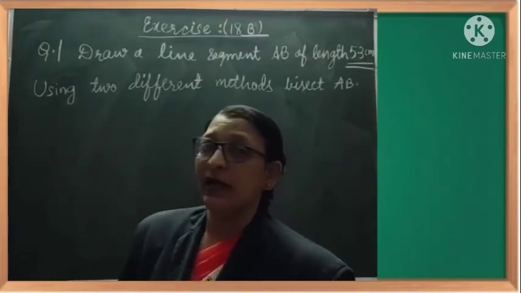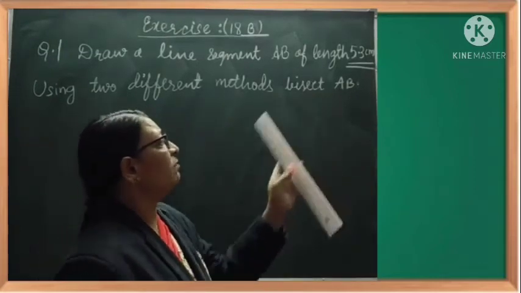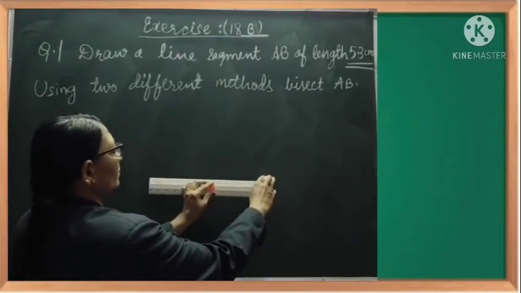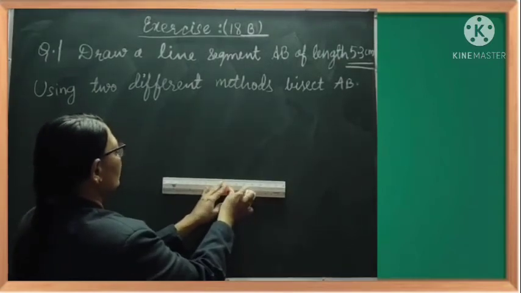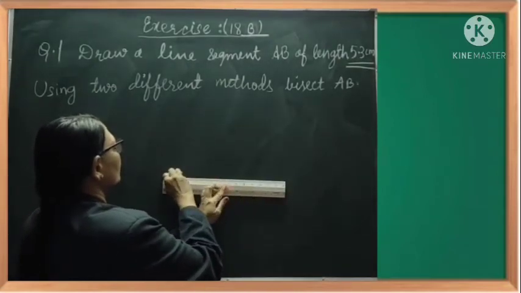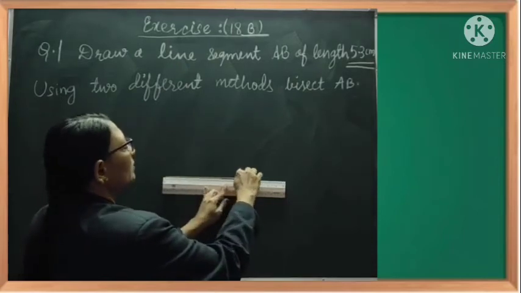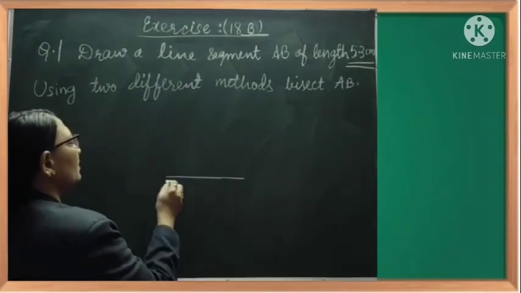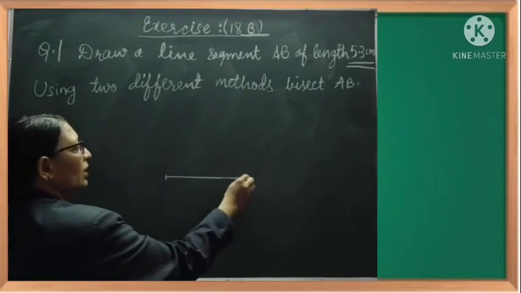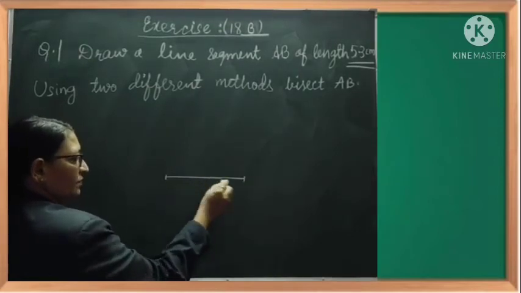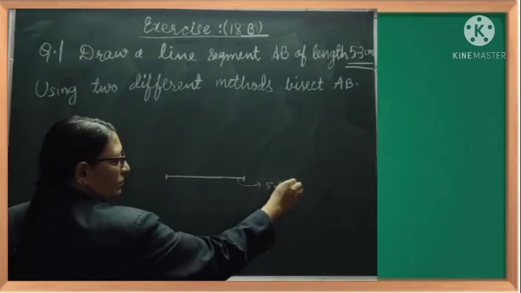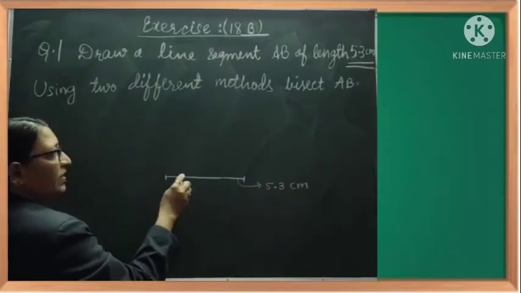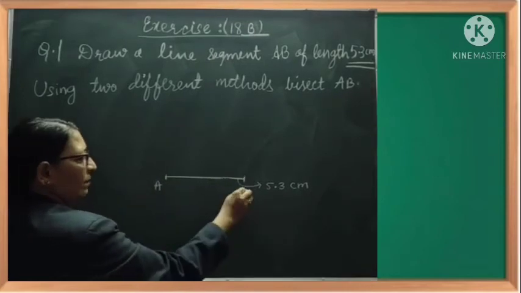We will draw a line segment of given measure 5.3 centimeters. So by taking the distance 5.3 centimeters, you have to draw a line segment. The name of the segment is AB.